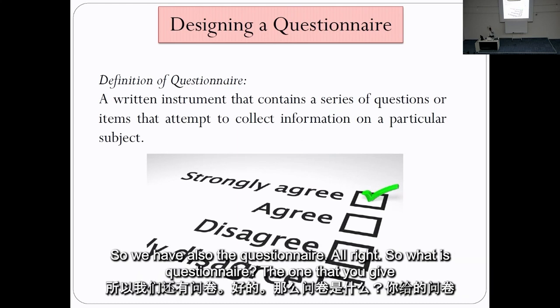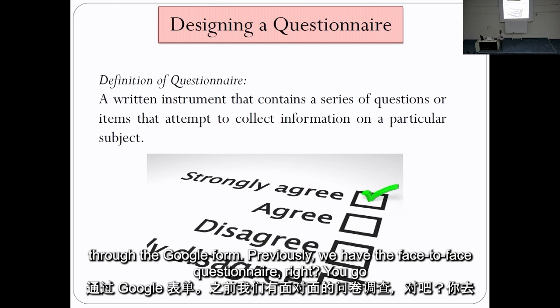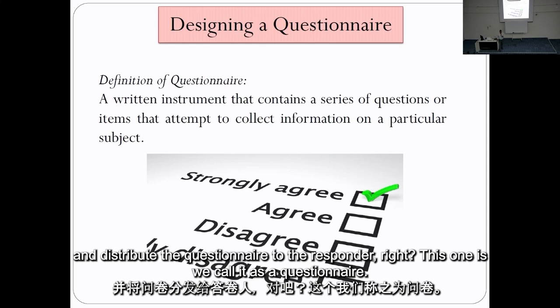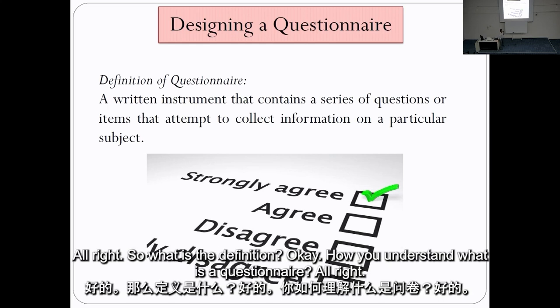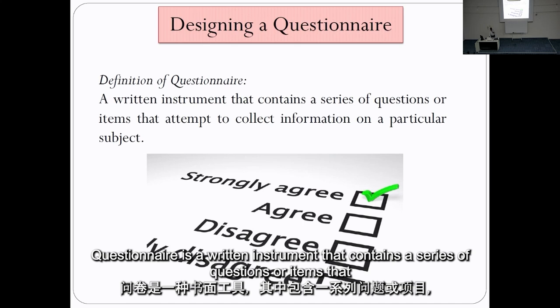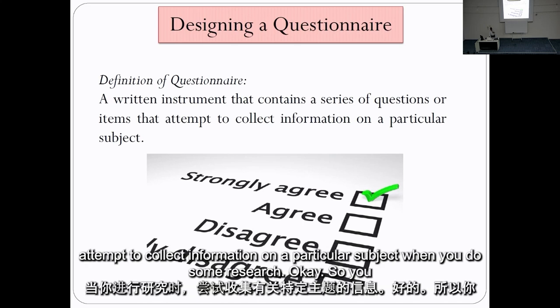We also have the questionnaire. What is a questionnaire? The one that you give through Google Form, or previously the face-to-face questionnaire, where you distribute it to the respondents. A questionnaire is a written instrument that contains a series of questions or items that attempt to collect information on a particular subject.